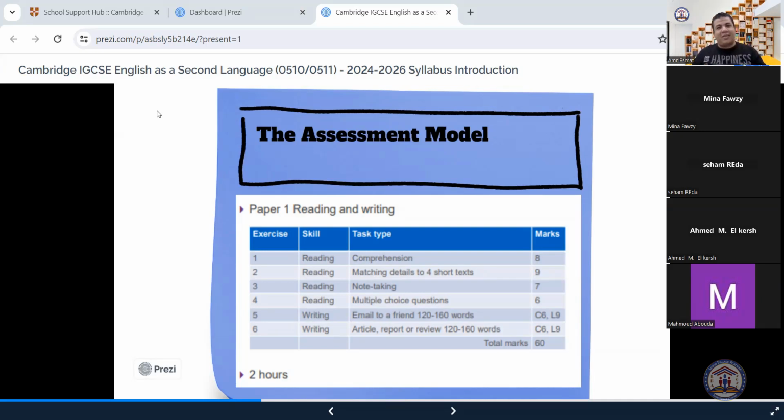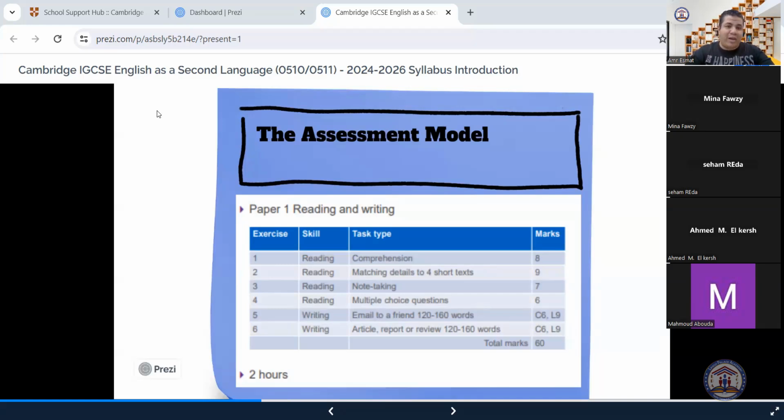You have 9 sentences or 9 details, and you have to match each detail to the text that it relates to. So you may use the same text more than once, A, B, C, D, and you will use these letters with the 9 questions. It is out of 9.